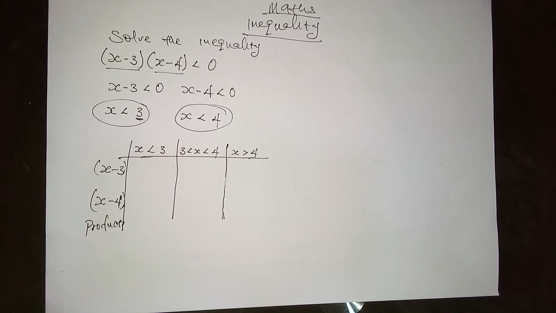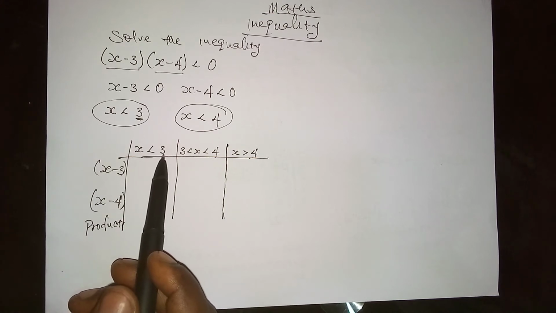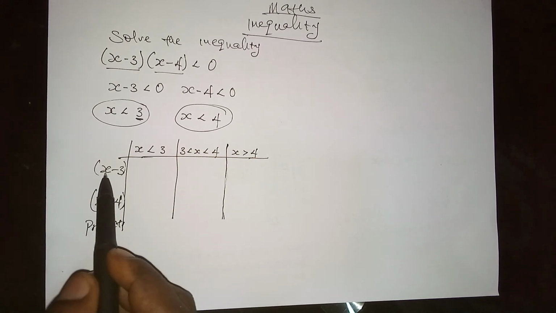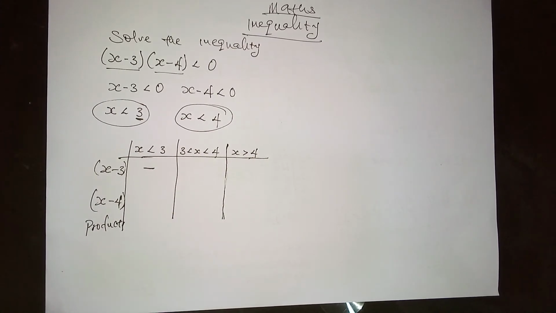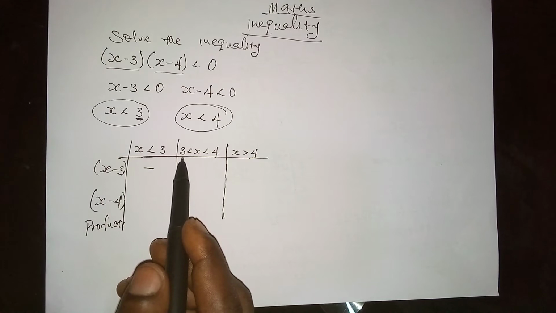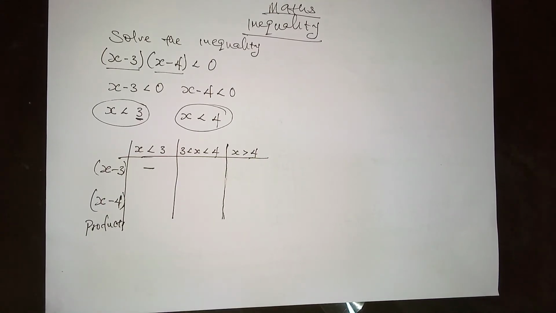So now, when x is less than 3, we are starting from 2 downwards. If I put 2 here, 2 minus 3 will give me a negative number, because 3 is greater than 2. Now when 3 is less than x and x is less than 4, we have numbers like 3.1, 3.2, but not up to 4.